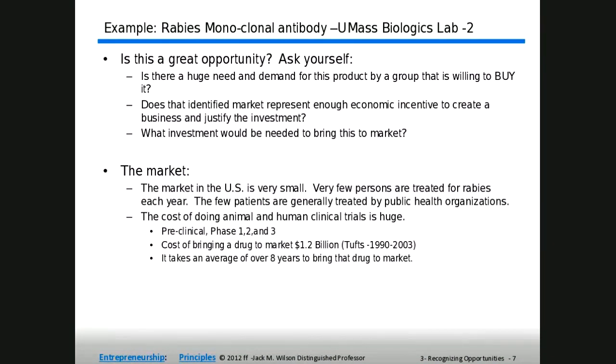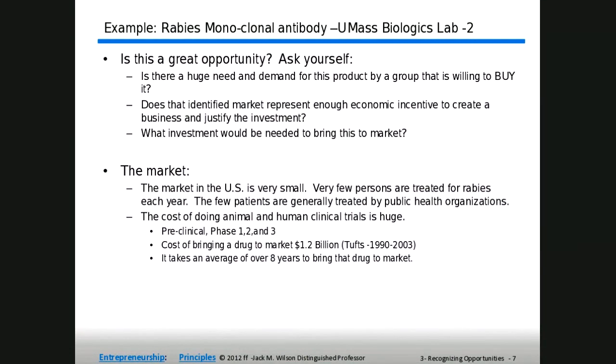I guarantee you, I would have bought it, okay? But I'm one. I have my son, that's two. Begin to add this up over the United States, and you begin to ask yourself, we've identified a small market. Is there enough economic incentive to create a business and justify the investment?